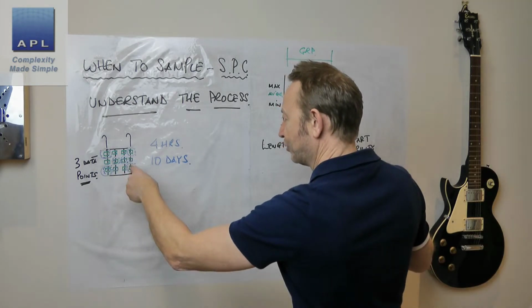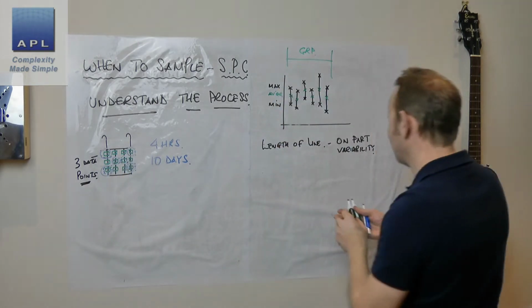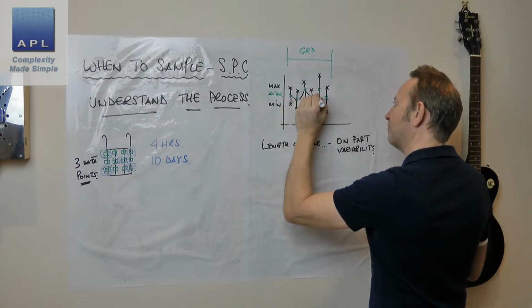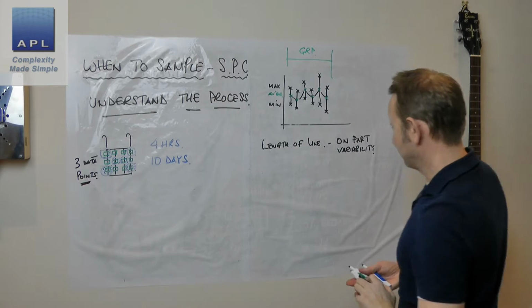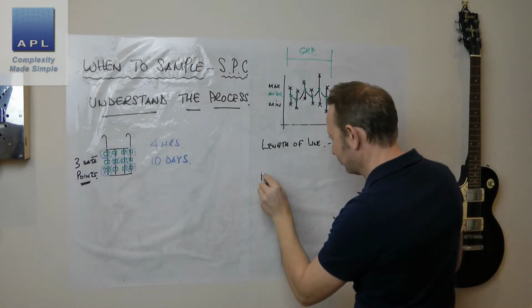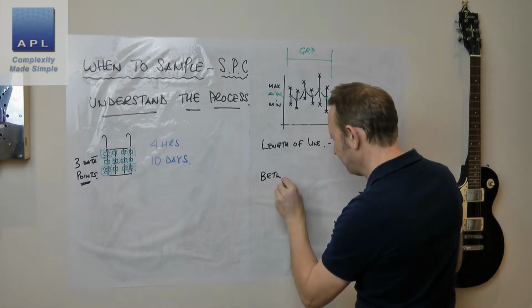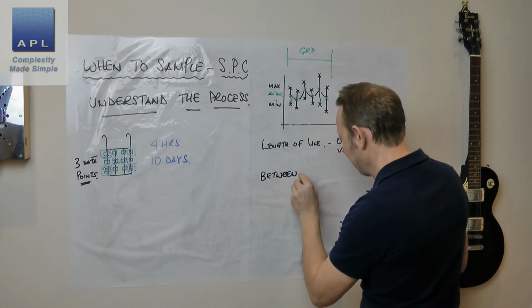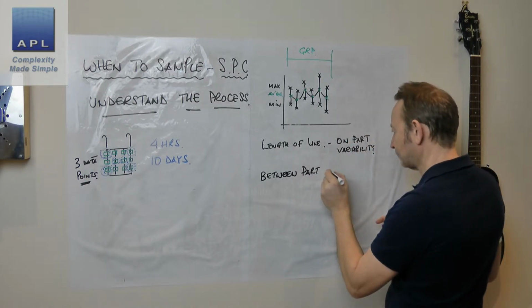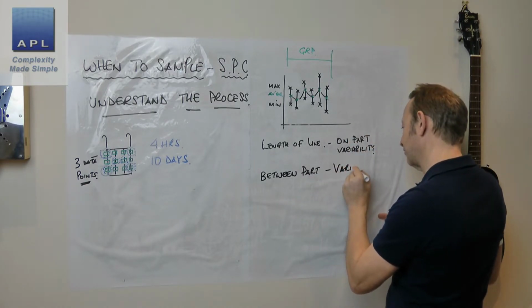Then what I'll be able to see is the between-part variability. So that is mainly defined by the way the mean is moving up and down there. So I'll be able to see the between-part variability.